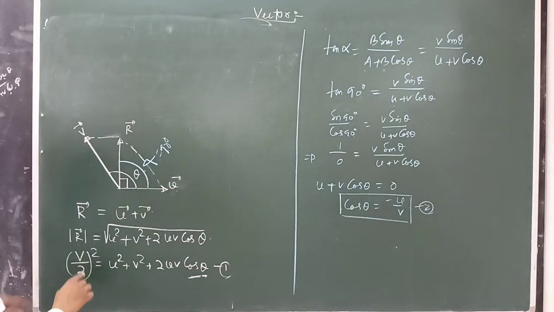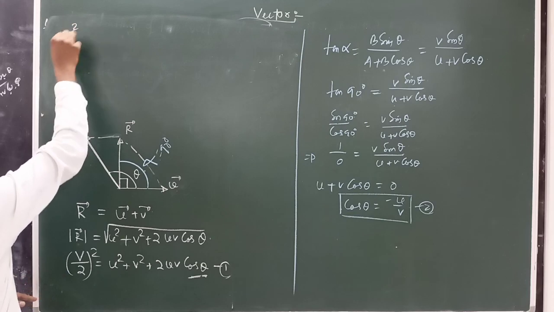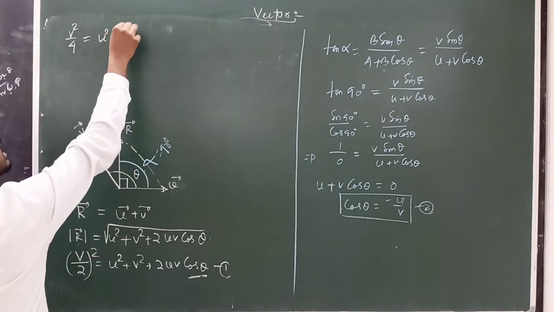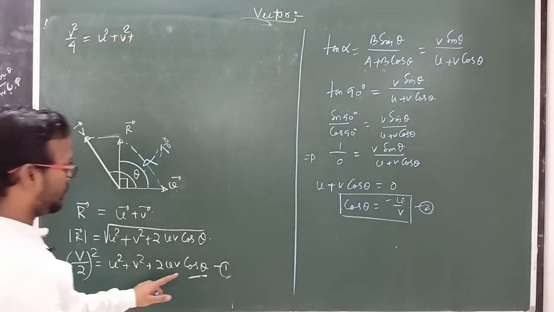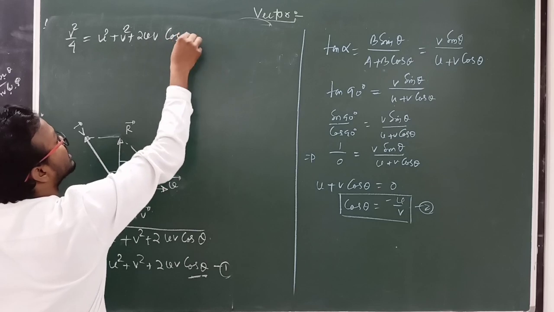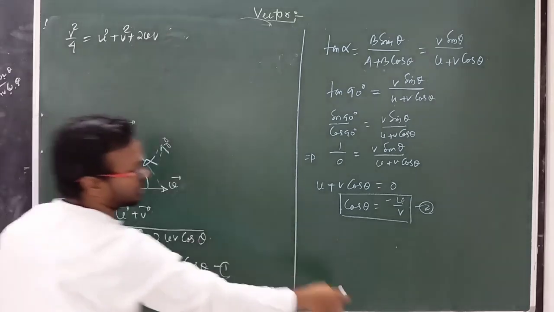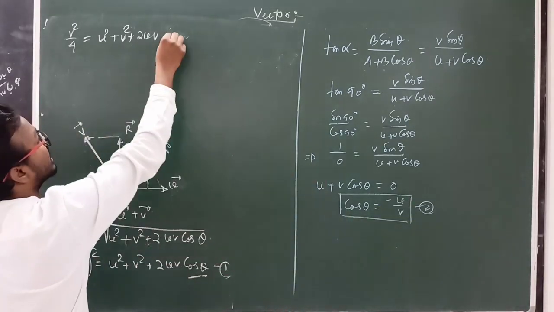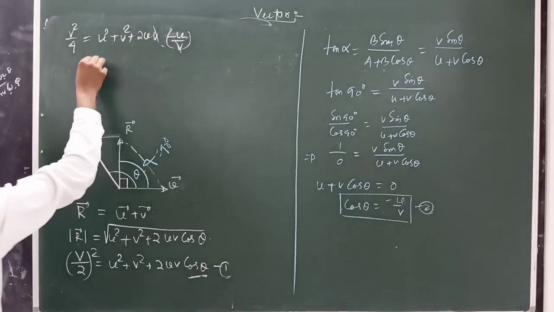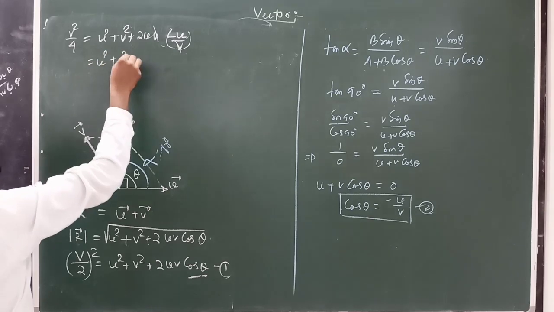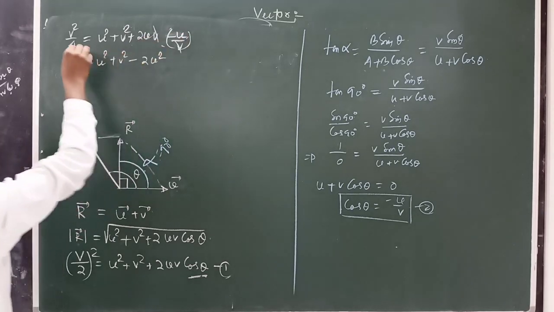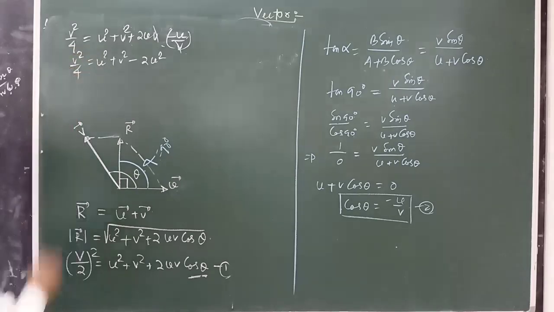v square by 2 means v square by 4 equal to u square plus v square plus 2uv cos theta, and this value cos theta equals minus u by v. You can write here u by v, and v cancels, then u square plus v square minus 2 u square equals v square by 4.